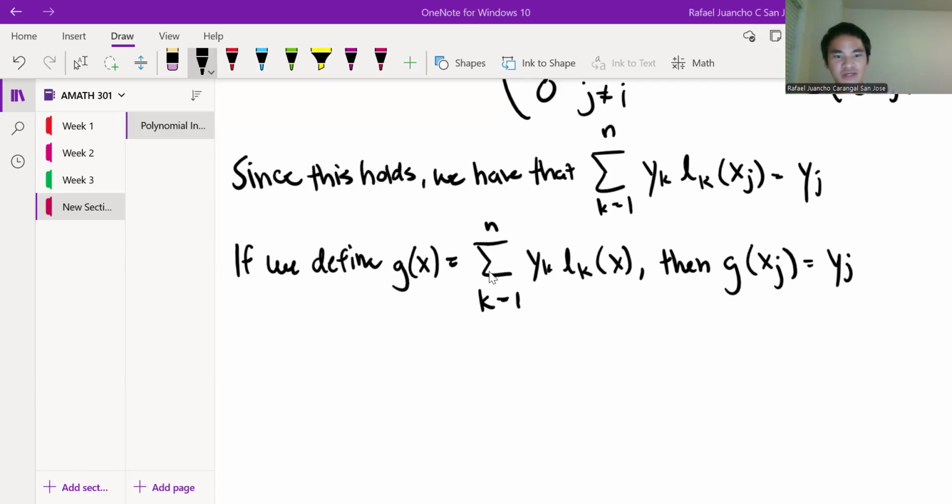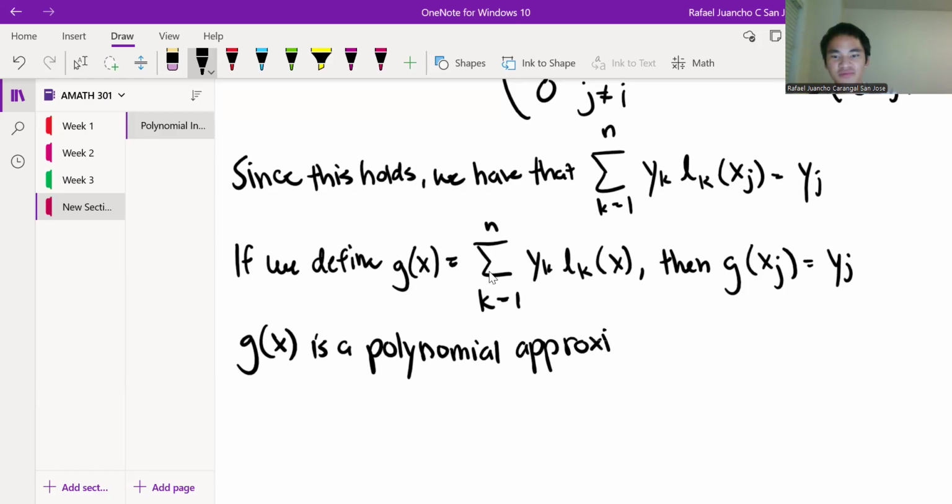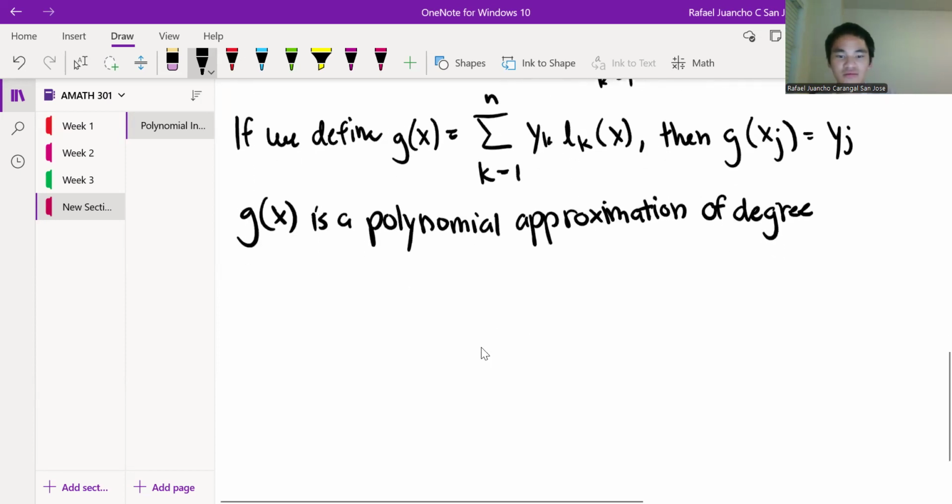And so what am I saying here? I'm saying my g of x is a polynomial approximation. At the end of the day, there's no such thing as perfect numbers when involved with real data. And so here we just basically use approximations. And this is a degree of n minus 1, right? Why is it n minus 1?